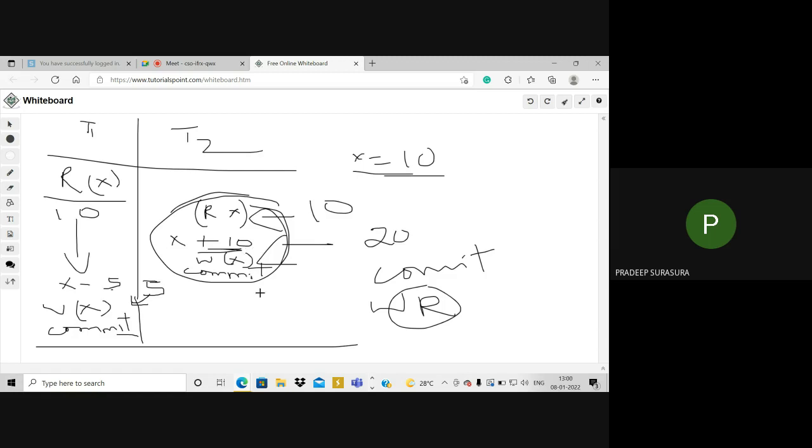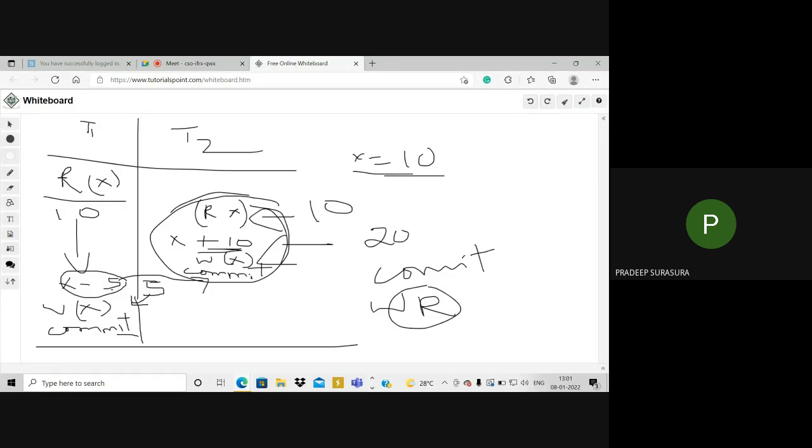So obviously here I am going to lose this particular value, where actually the X minus 5 should be done after this particular commit.